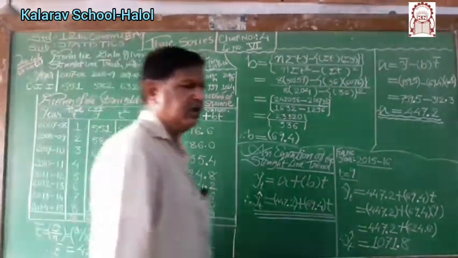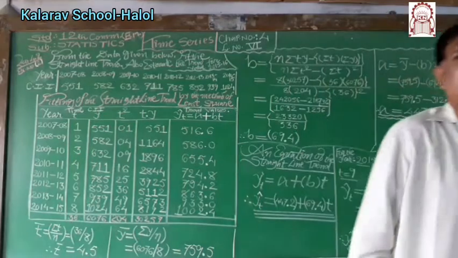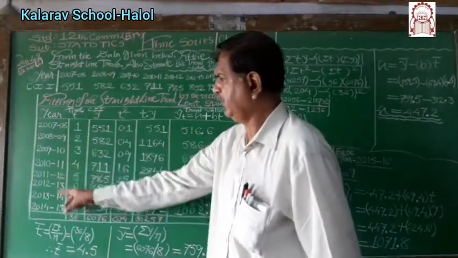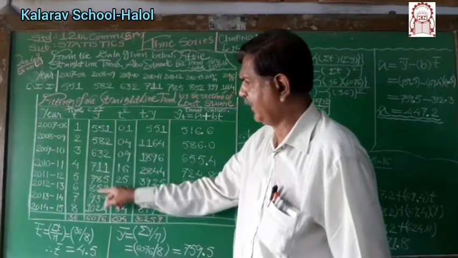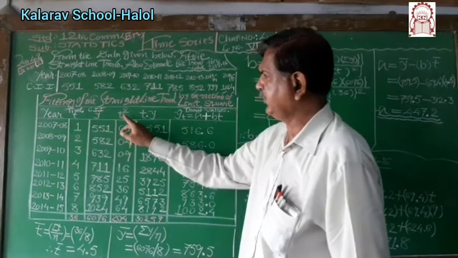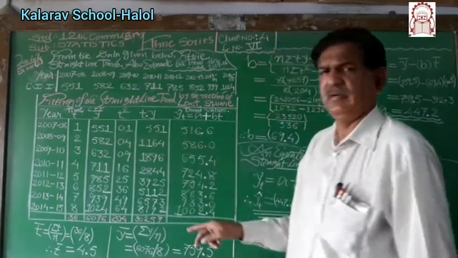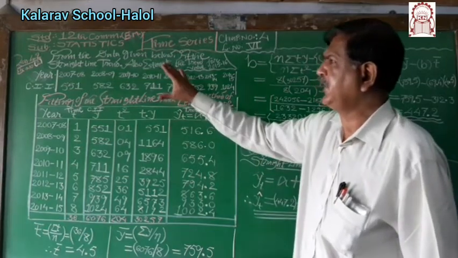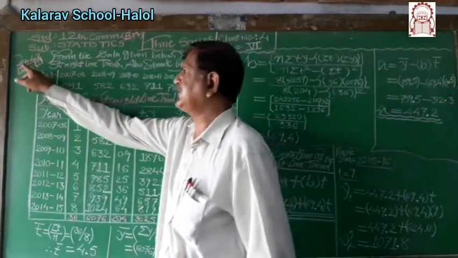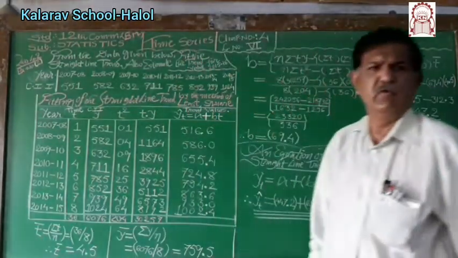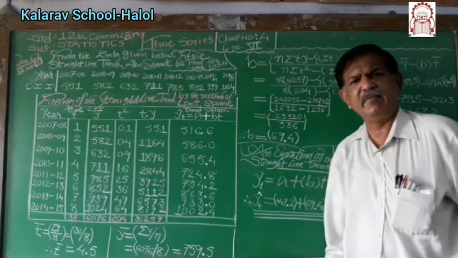Prepare the table for the solution. The table has columns: year, time t, data y meaning CII, cost inflation index, then t square, then ty, and finally trend values y cap t. This is an example from our textbook, exercise number 4.2, example number 2.